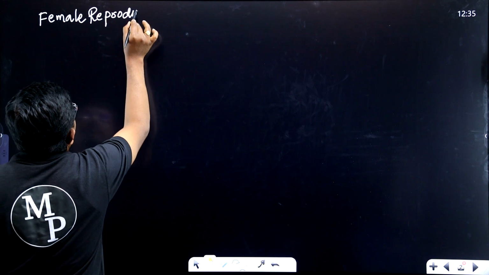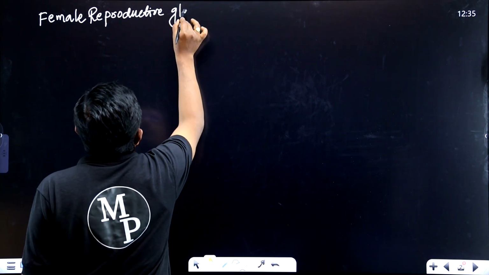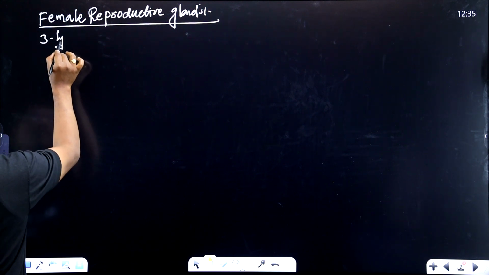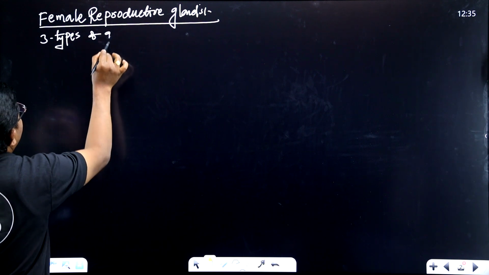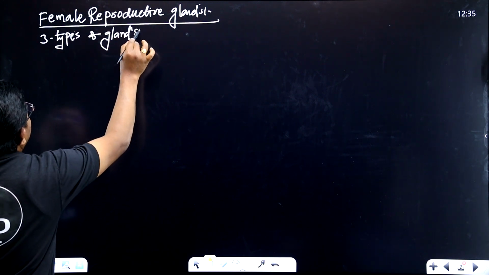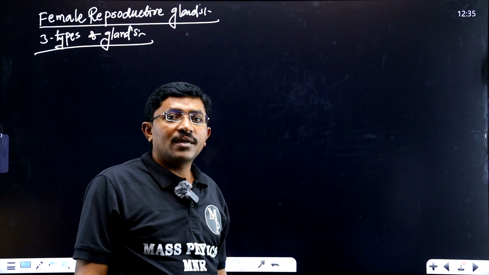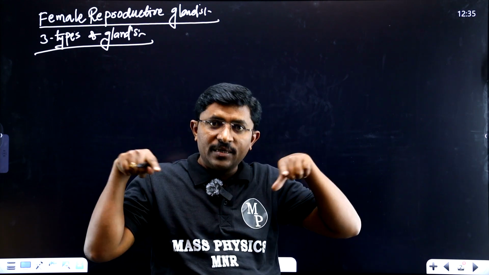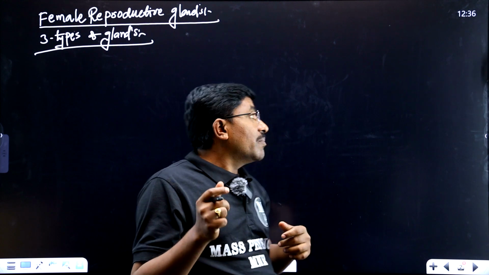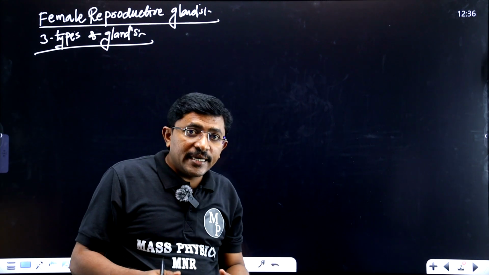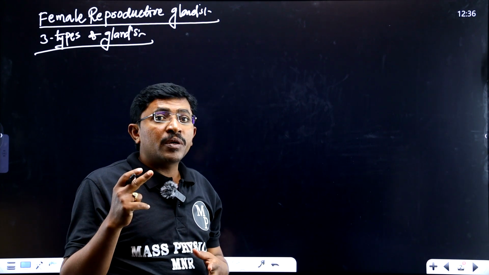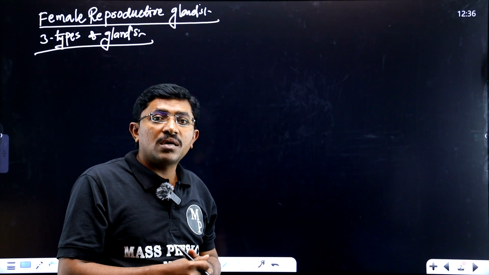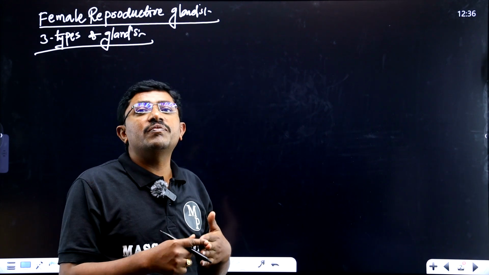There are 3 types of female reproductive glands, just as in the male reproductive system there are 3 types of male reproductive glands, which are associated with the male reproductive organs. But in females, of these 3 types, 2 types are associated with the female external genitalia, and 1 type is not directly associated with the female external genitalia.